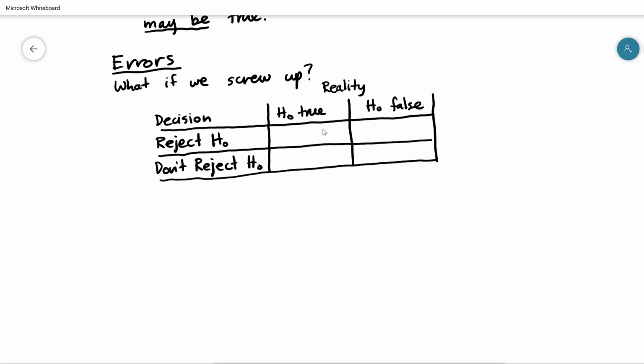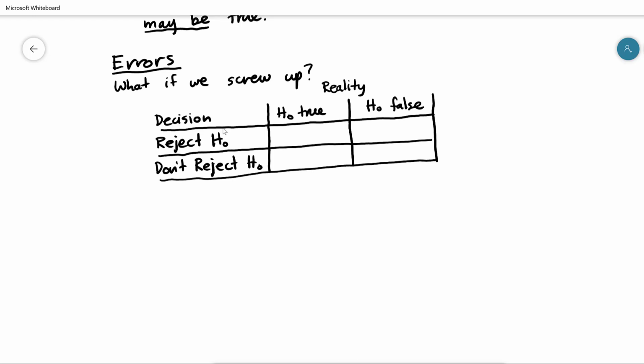So, if we go through this, I want to figure out what goes in each of these. Is it a correct decision, or was some sort of error made? If we start over here, the reality is H naught was false. H naught being false means the null hypothesis isn't true. It means basically this person actually committed the crime. And over here, if we reject the null hypothesis, we reject the idea that they're innocent.